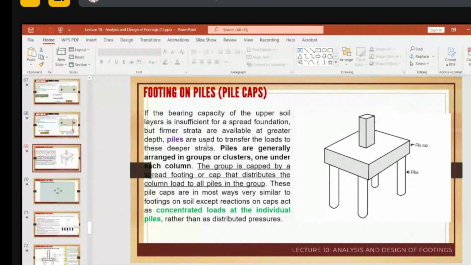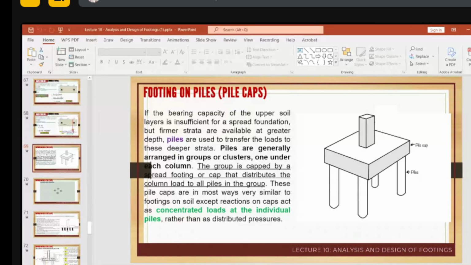Piles are used to transfer the loads to this deeper strata. Spread footings and combined footings are shallow foundations, used where the soil bearing capacity is not so problematic.